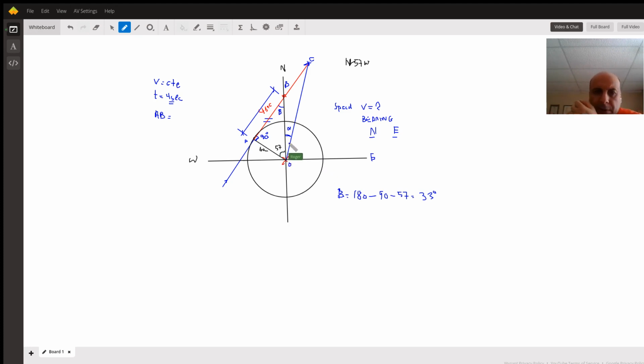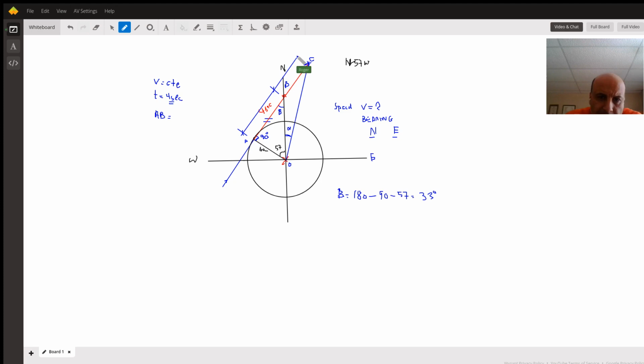So what we need to know now is the length between B and C, the flight time between when you saw B directly north of you and when you hit it. So you need this distance, BC.